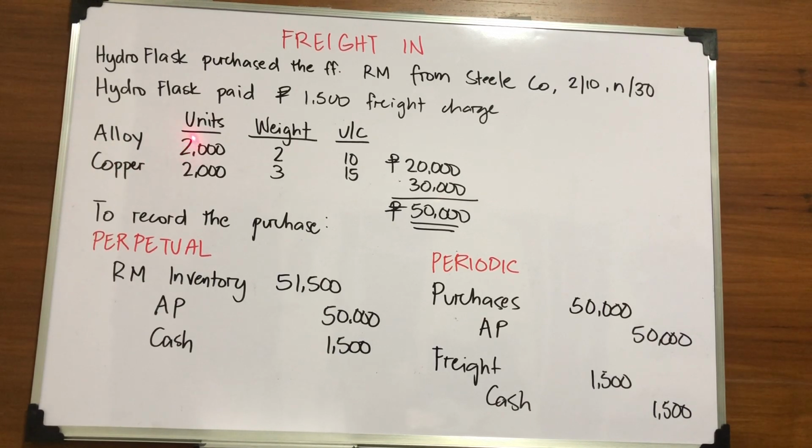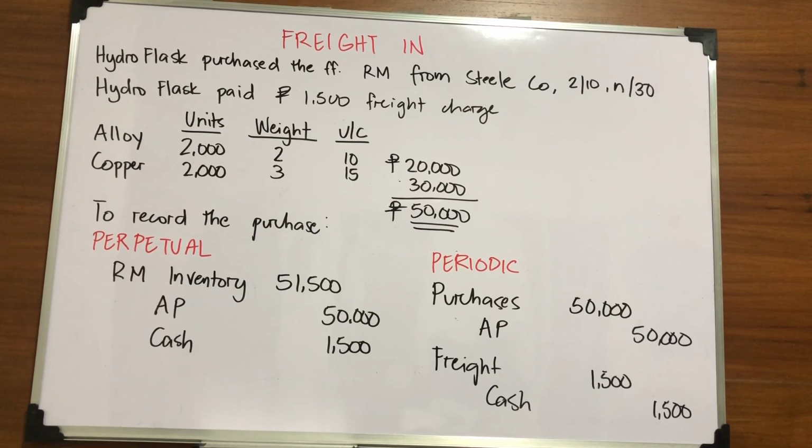They each have 2,000 units. The weight allocated for alloy is 2, while for copper it is 3. The unit cost per material for alloy is 10, and for copper it is 15. 2,000 times 10, you have 20,000 here, and 2,000 units times 15 pesos of copper is 30,000, giving you a total invoice cost of 50,000 pesos.